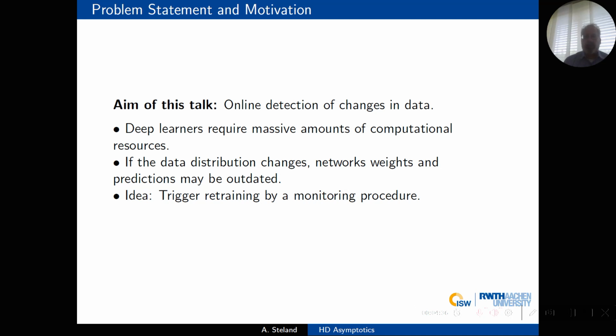For example, you can simply train the model on a regular basis, say each day, each week, each month or so, but this is very costly. And the basic idea is to trigger a retraining by a monitoring procedure, which triggers events which say, okay, your predictions are outdated, they are no longer valid, you should update the procedure you're using for predictions.